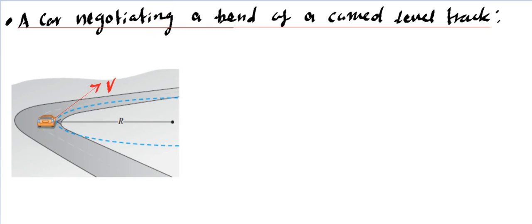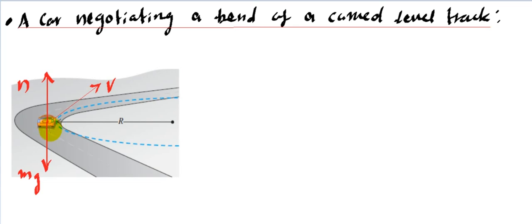If we mark the forces acting on the car at that position, the weight acts downwards like this, and the normal reaction acts upwards like this. The weight is taken as mg and the normal reaction acting upwards is taken as N. The frictional force is present here.